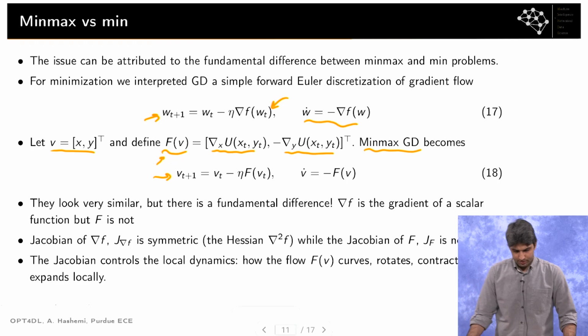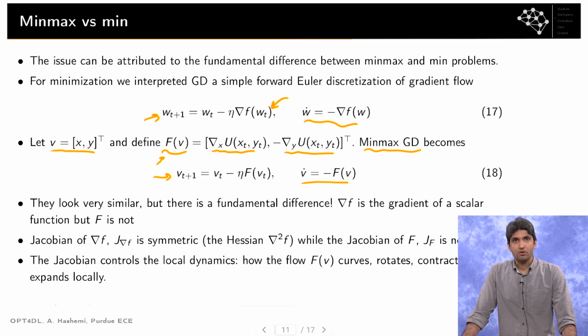In the limit, we can again think of this as the Euler discretization of this ordinary differential equation. So, what's the point here? The point is that these methods look very, very similar. They are both discretizations of certain dynamics, certain ODEs that also look very similar. Then why does gradient descent ascent not work?